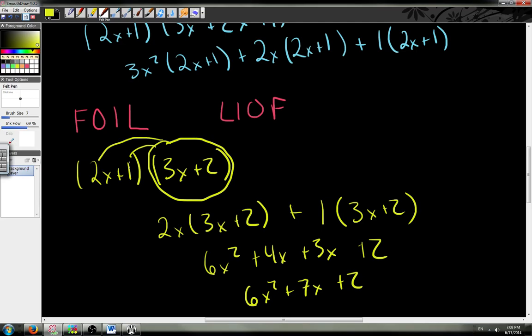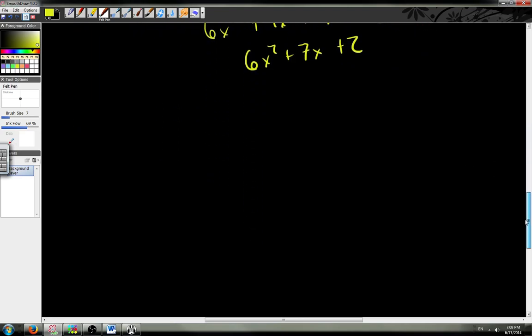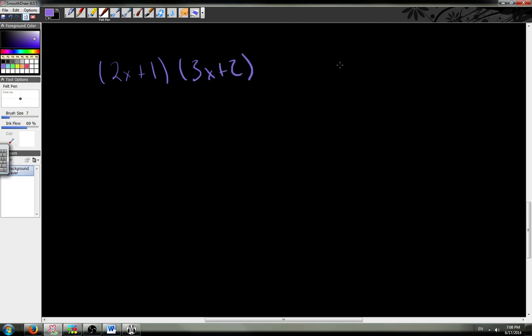And in this case, we did first, we did 2 outside. I guess this is, oh, outside. Maybe this is FOIL actually. Outside, and then 1 times 3. Actually, this is FOIL. But just to show you, it does work if we do a different order. So let's do OIL.